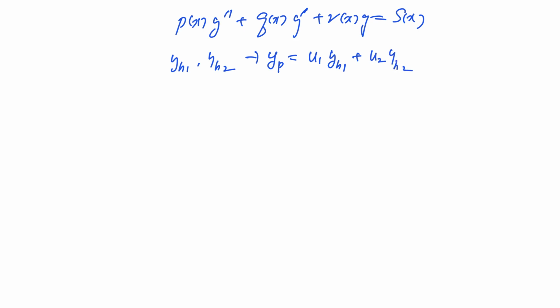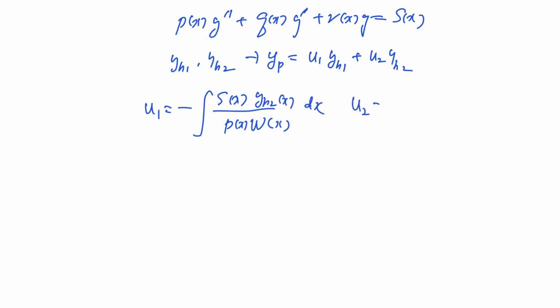If I remember correctly, u1 is minus the integral of p(x) over the Wronskian times s(x) yh2(x) dx, right? And u2 is the integral of p(x) over the Wronskian times s(x) yh1(x).